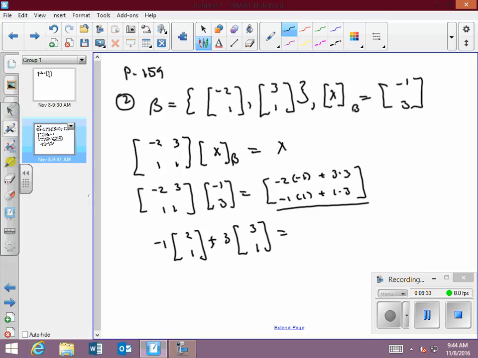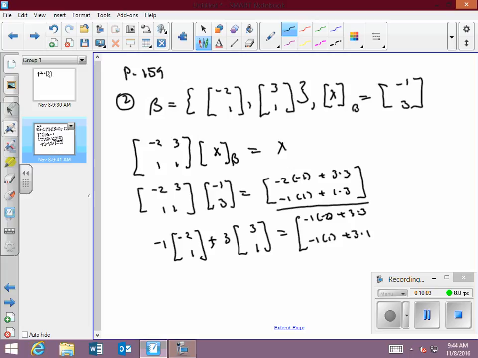Because if you do it this way, then you would have minus 1 times 2, plus 3 times 3. And then you'd have minus 1 times 1 plus 3 times 1.